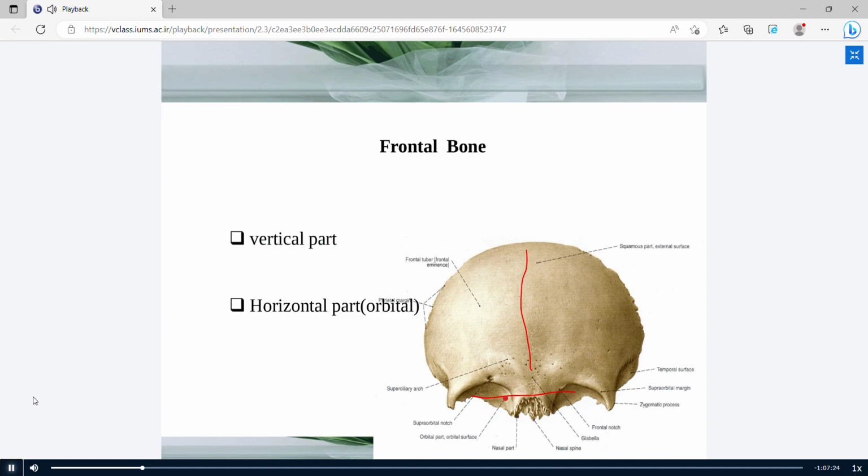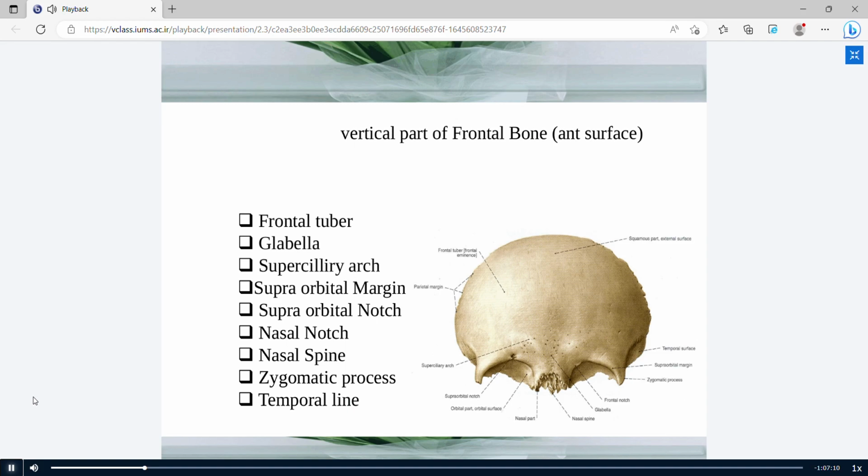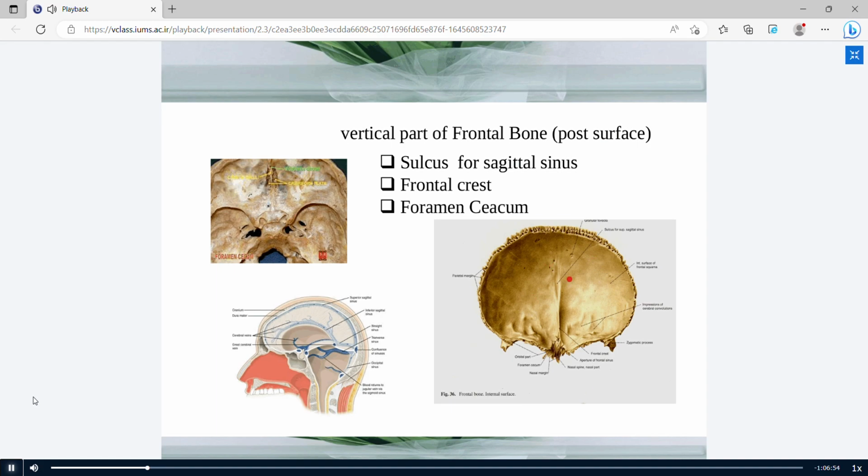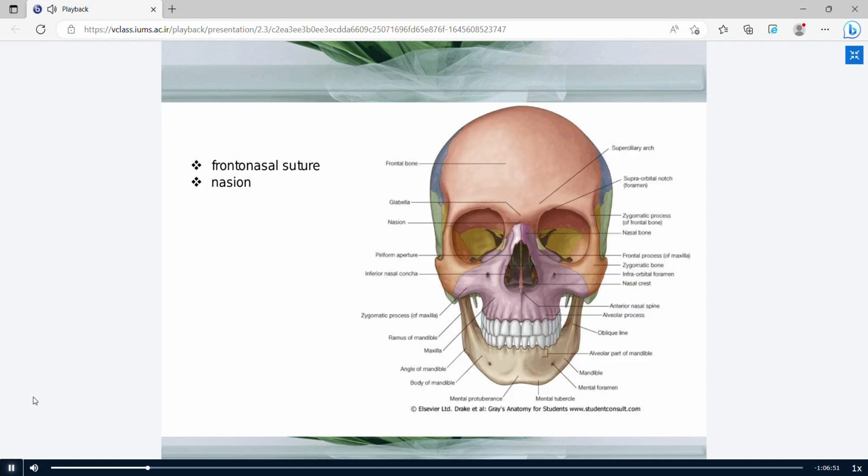The horizontal part forms the roof of the orbital cavity, so this part is called the orbital part or orbital plate. The vertical part of the frontal bone has two surfaces: the external surface or anterior surface, and the internal surface or posterior surface.